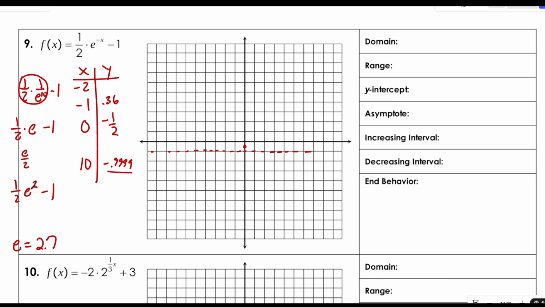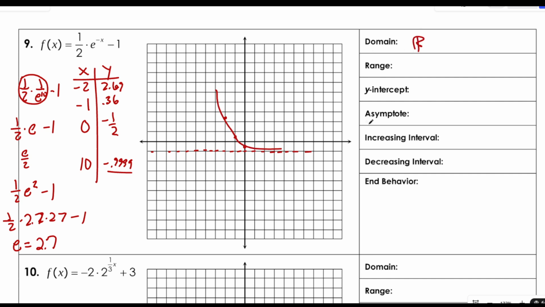And then even with a super basic calculator, you could type in 1/2 times 2.7 times 2.7 minus 1. I get 2.69, so I'll plot these, negative 2 and then 2.69, negative 1. See, I should be starting at the origin. Negative 1.36. I get my asymptote.